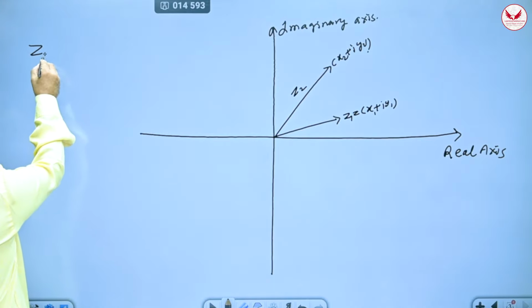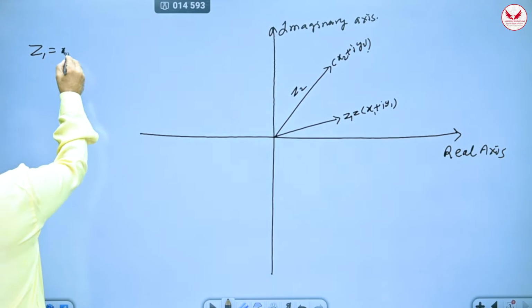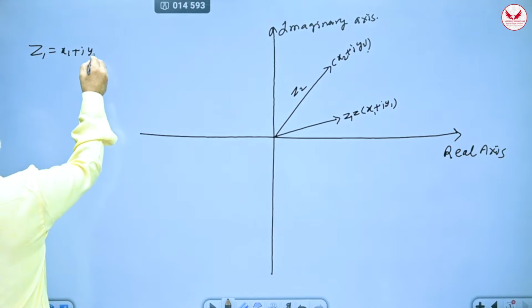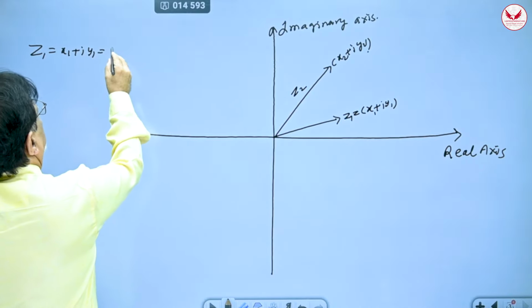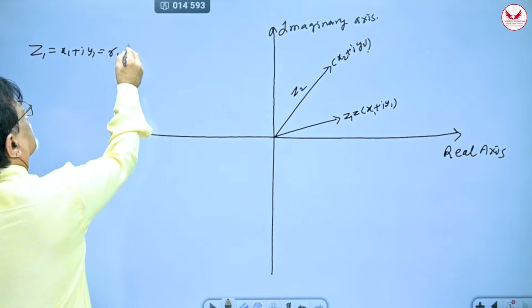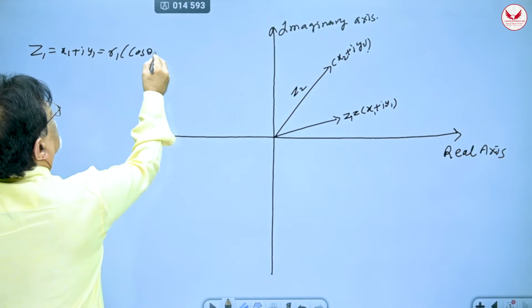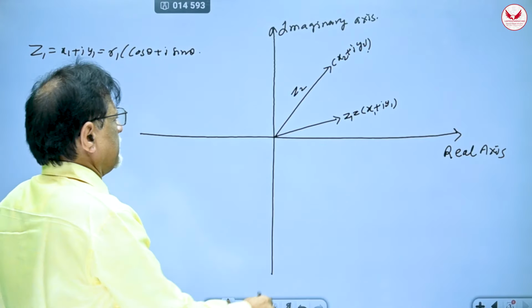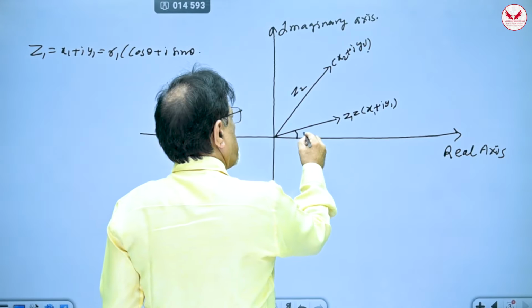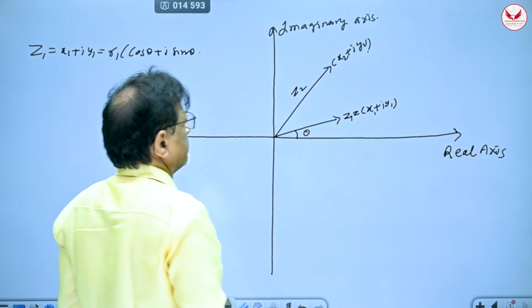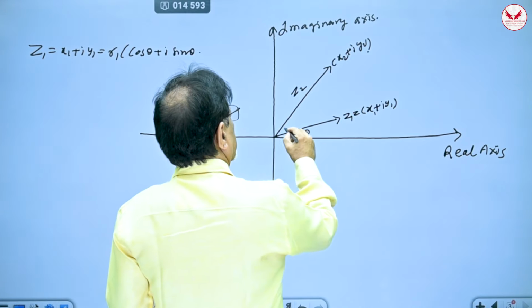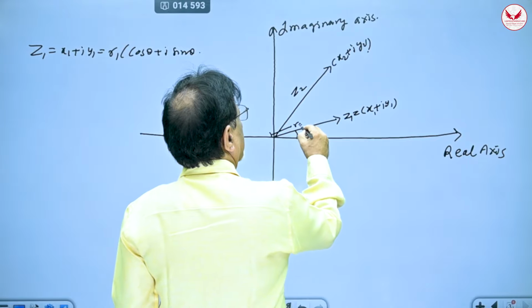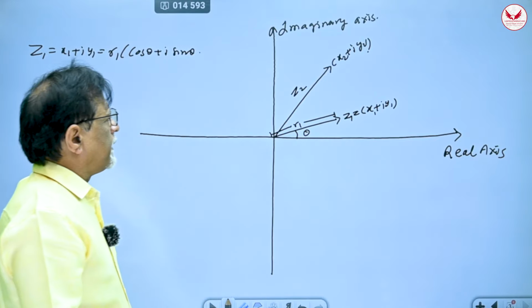Now, I will write it here. Z1 is x1 plus iy1. In polar form, it will be written as r1 (cos theta plus i sin theta). Okay. So this will be theta, right? And this length will be r1, so this length will be R1 modulus, right?